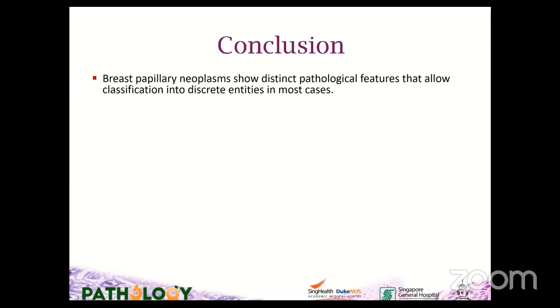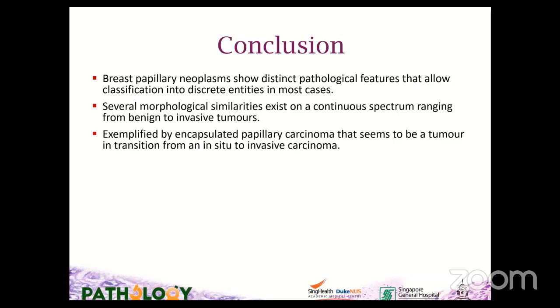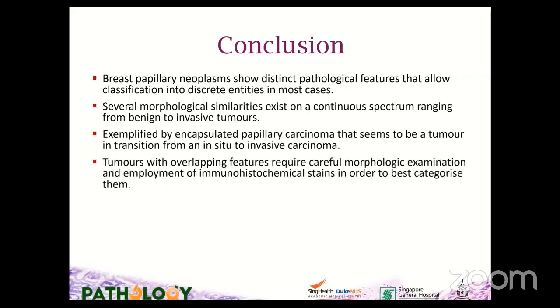In conclusion, I've talked about breast papillary neoplasms and their distinct pathological features that can allow classification into discrete entities in most cases. However, several morphological similarities may exist on a continuous spectrum, ranging from benign to invasive tumors, especially exemplified by encapsulated papillary carcinoma that seems to be a tumor in transition from an in situ to invasive disease.